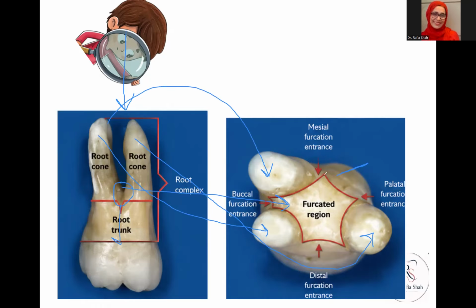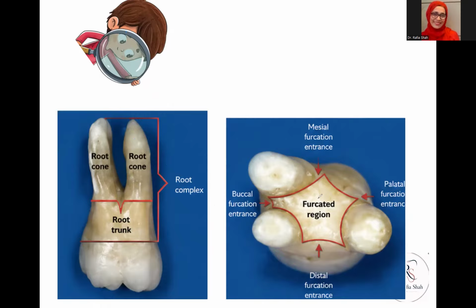This floor of the trunk is called the furcated region, where the furcation begins. And the furcation begins in a different way. If it is a two-rooted tooth, meaning bifurcation, then the anatomy of this region will be different. If it is trifurcated, the anatomy of this region is different.